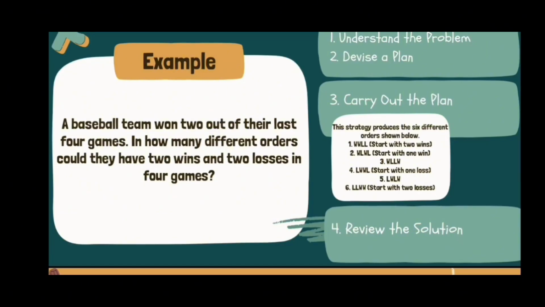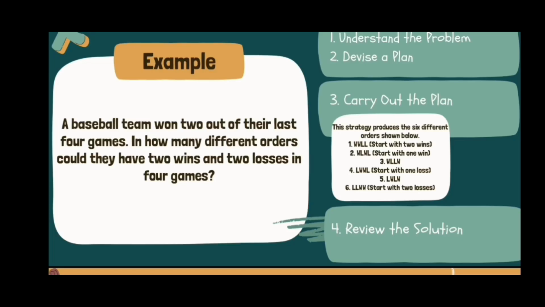Win, win, lose, lose. Win, lose, win, lose. Win, lose, lose, win. Lose, win, win, lose. Lose, win, lose, win. Lose, lose, win, win. Each sequence contains exactly 2 wins and 2 losses, ensuring no possibility is missed or repeated.